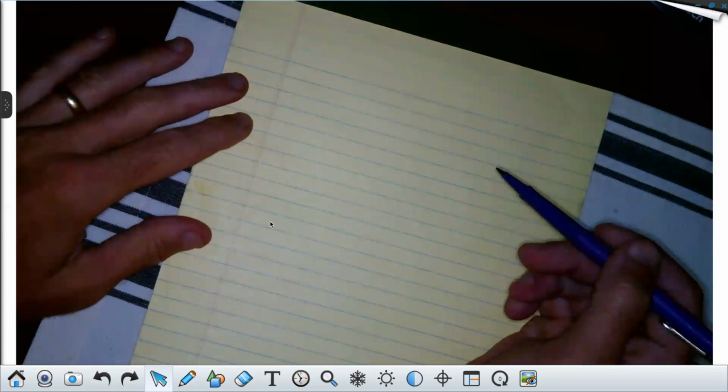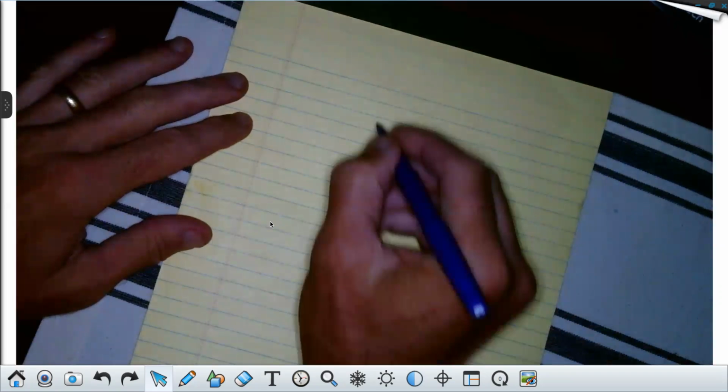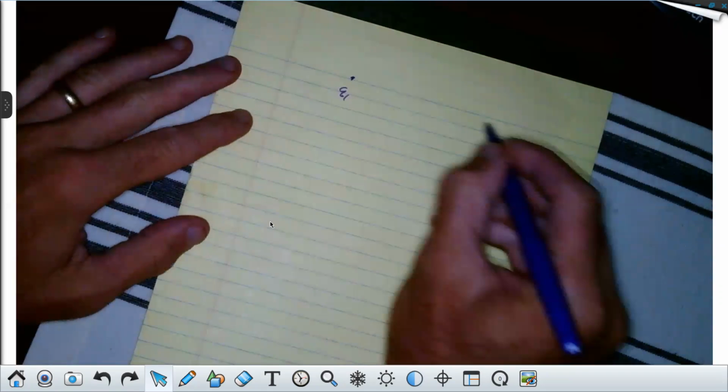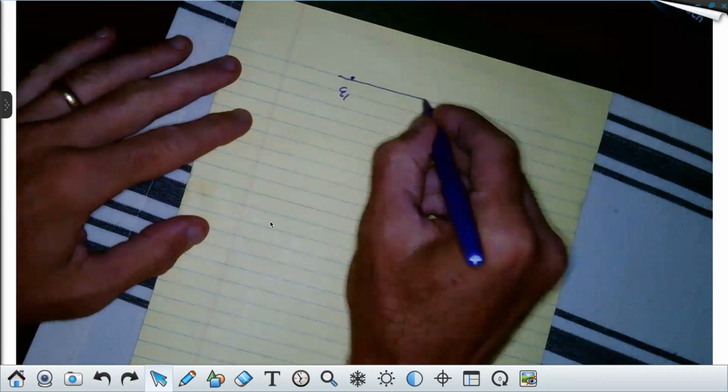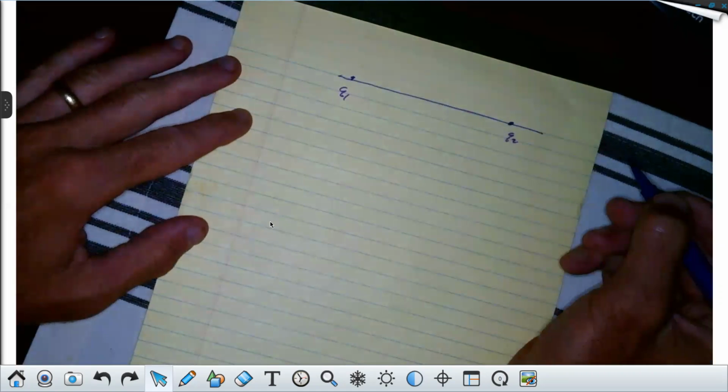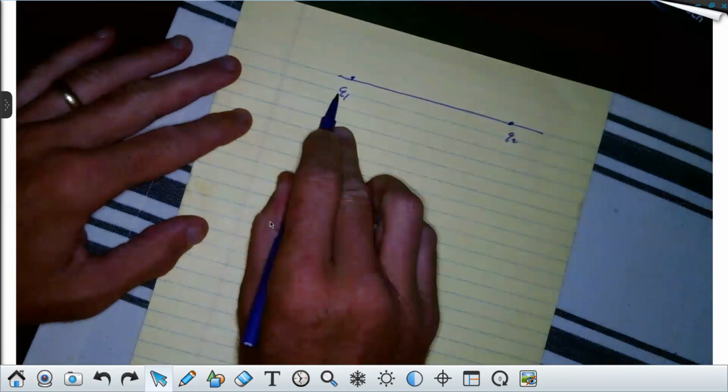So I got a question for you. This is the kind of question you get because it requires more than just a simple calculation. Suppose I have a charge here, and I'll make it Q1, and then I have an axis, and I have another charge here, Q2. Now, I don't know what Q1 and Q2 are.